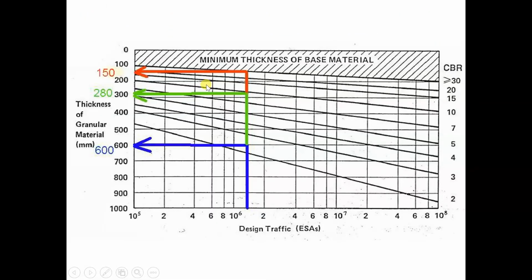So for the green line, we say the subgrade is about 10%. Even though we talk about the sub base, in this case we just say the subgrade is 10%. This one is based on CBR for the subgrade. And then we go further up.